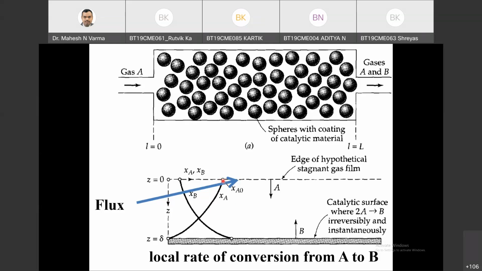You need to say here concentration is Xa0, say 0.8, and here 0.6. So you mean there is a consumption of A in this. How? Right, sir. Got it. There is no time variation. We are not talking about time variation here. We are discussing variation in the Z direction.